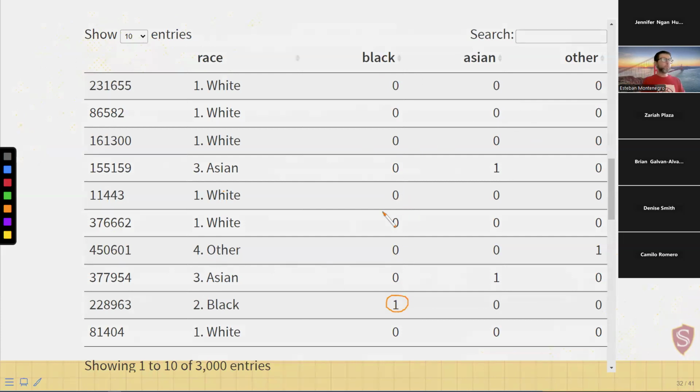The other ones are 0 because they belong to another group. If you are Asian, you're going to be coded as 1, otherwise 0. If you are other, you're going to be coded as 1, otherwise 0, right? And you can check it out. Look at this. This person is white, and she or he is a 0. The same for this one, 0, 0, 0 in all the options. That's my reference group.